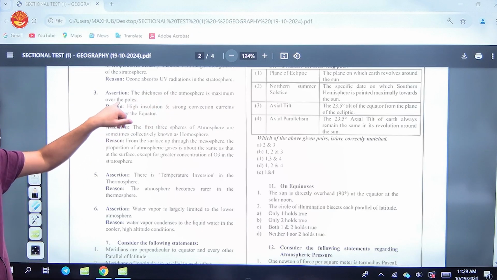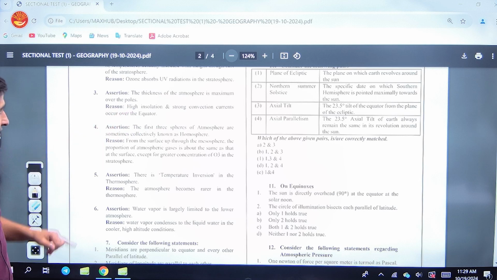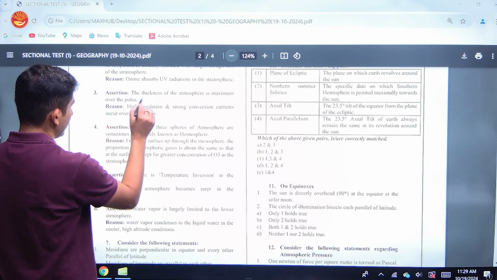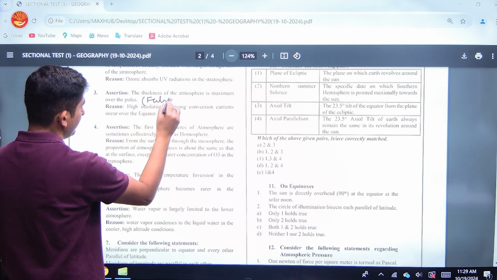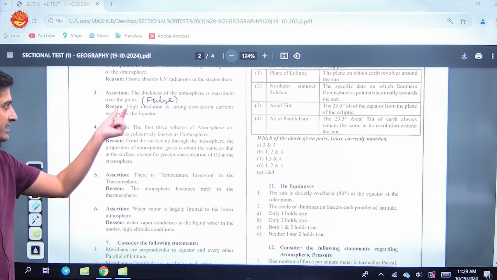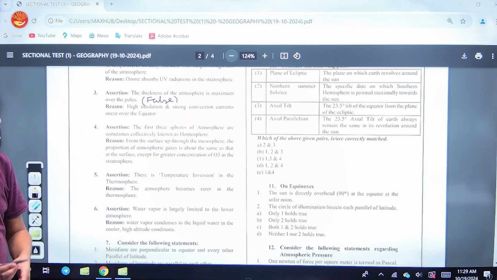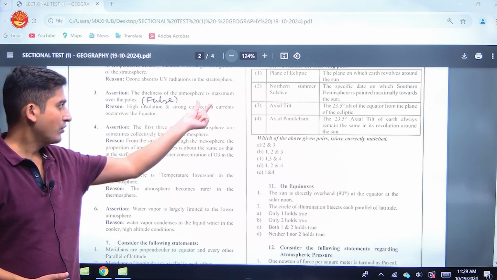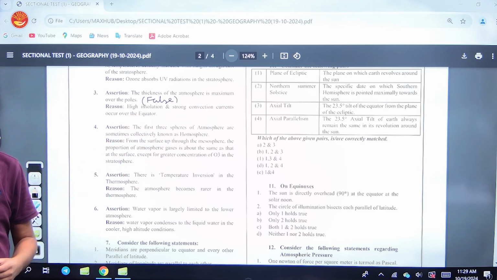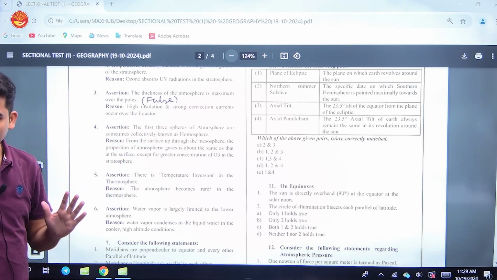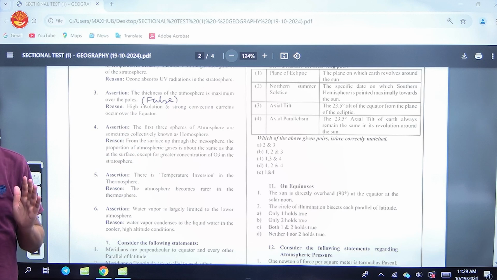So coming back to that particular statement, the thickness of the atmosphere is maximum over the poles, this is false. Now coming to the second statement, that is, high insolation and strong convection currents occur over the equator. You guys tell me if you remember, when we discussed the low pressure over the equator, I told you there are strong convection currents.